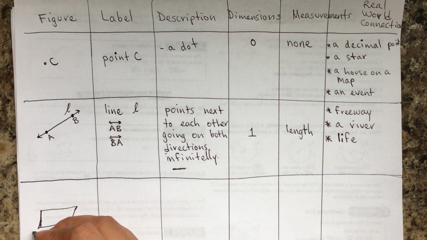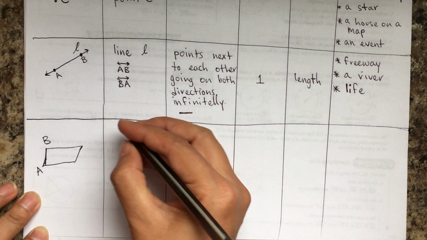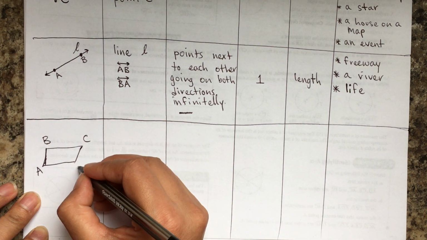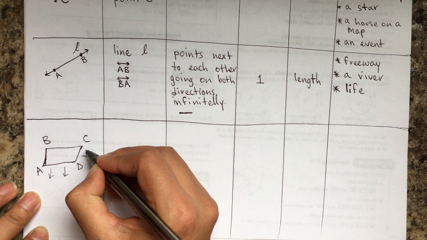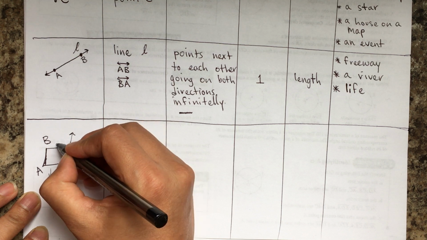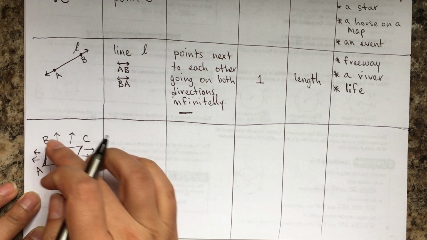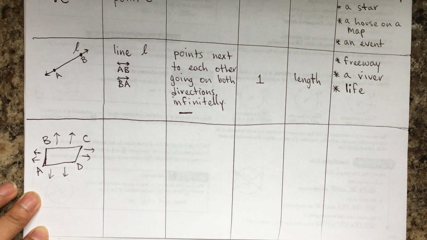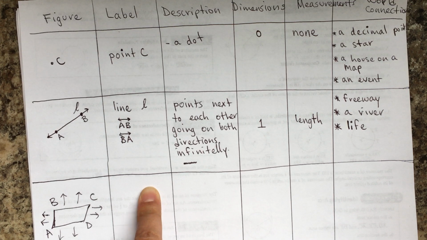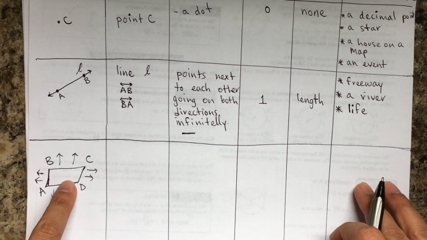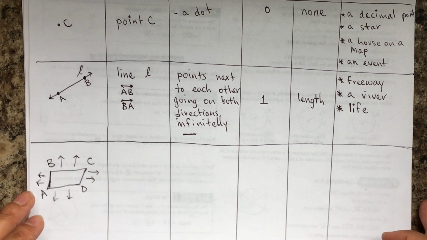And so maybe we can put A, B, C, D. And basically this plane, we are using these letters to define it and be able to label it. But we can say that this goes on in all different directions.